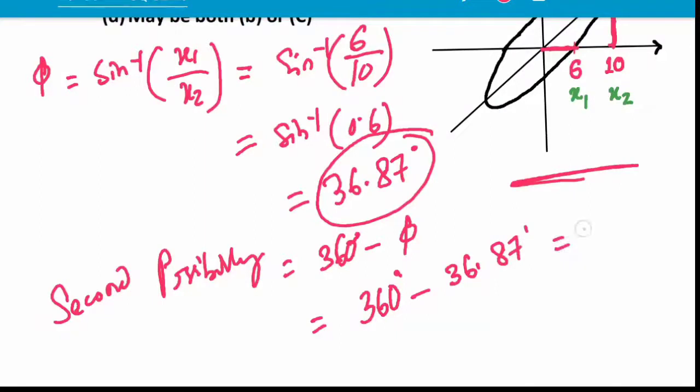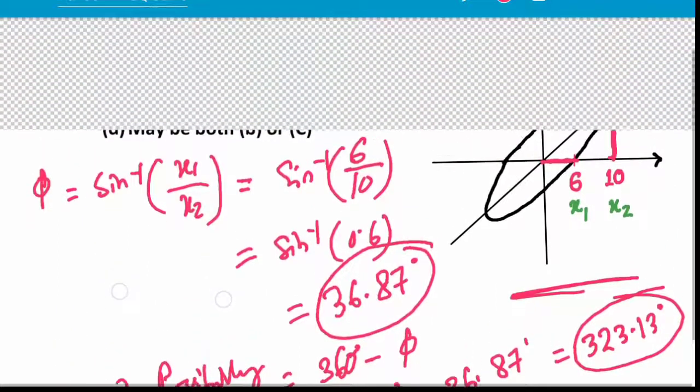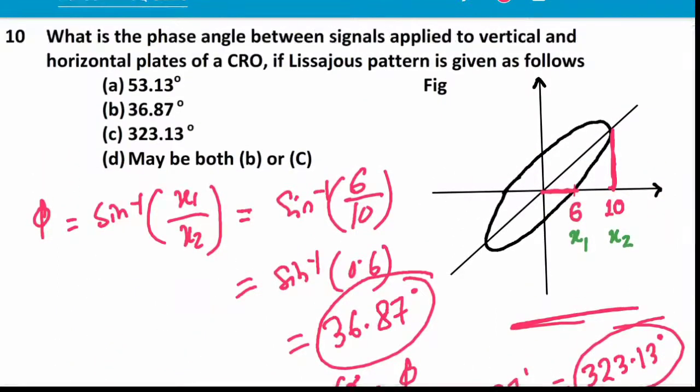This will be 323.13 degrees. So here two answers are given, 323.13 and 36.87, both are correct. So answer D will be the correct answer. Maybe both B or C, anything may be the answer.